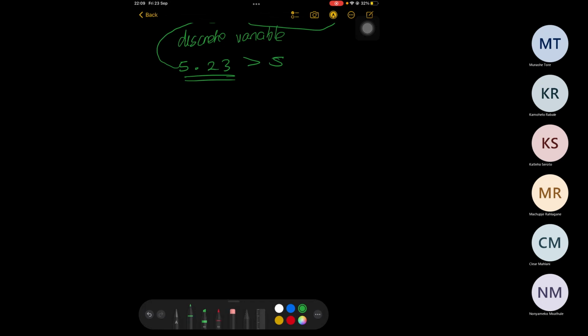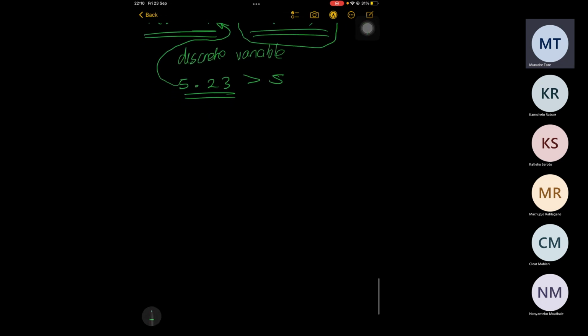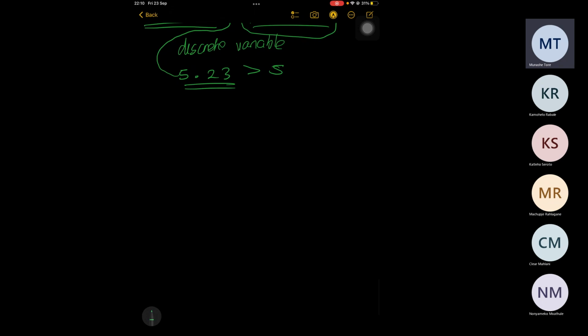So here now they said, what is the probability that the total weight of fish that he catches on Tuesday next will exceed 5? So we're working out the probability that x is greater than 5. It's going to be the integral of our function of x dx, but what are the limits?